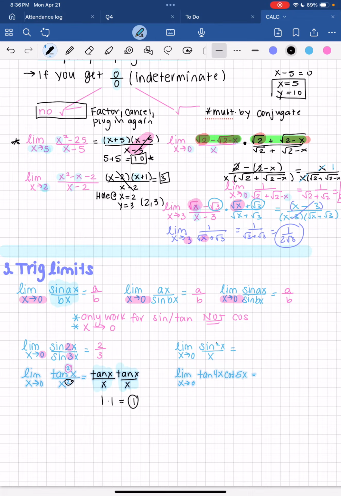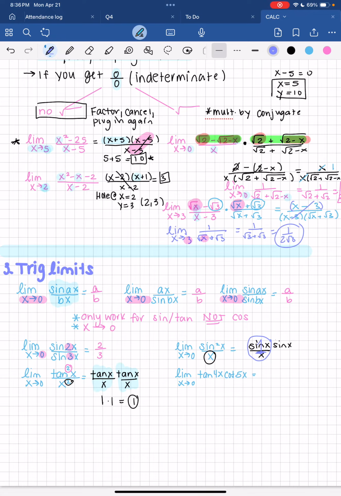I'm going to apply that same trick for this next example. You're going to split the sine up, so it's going to be sine x over x, but notice how there's only one x. So I'm going to only give it to one of them. So what I like to teach in my class is I say, oh, find your best friend. So when I say find your best friend, I'm going to take one of these rules, and you're going to see if you can find it in the question. So here's my best friend. Sine x over x goes to 1.